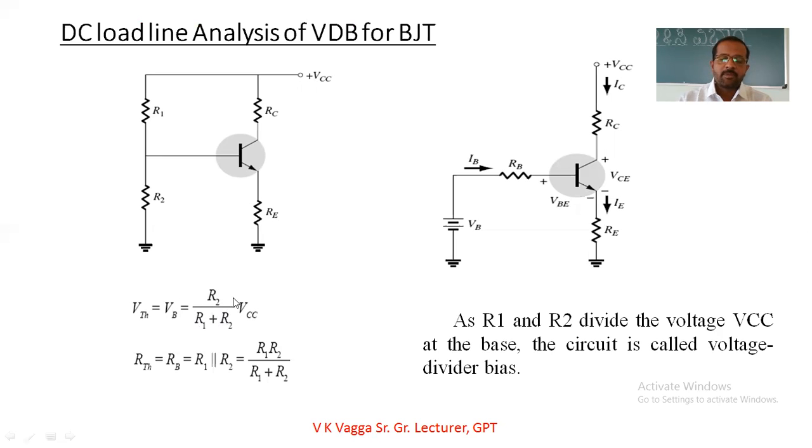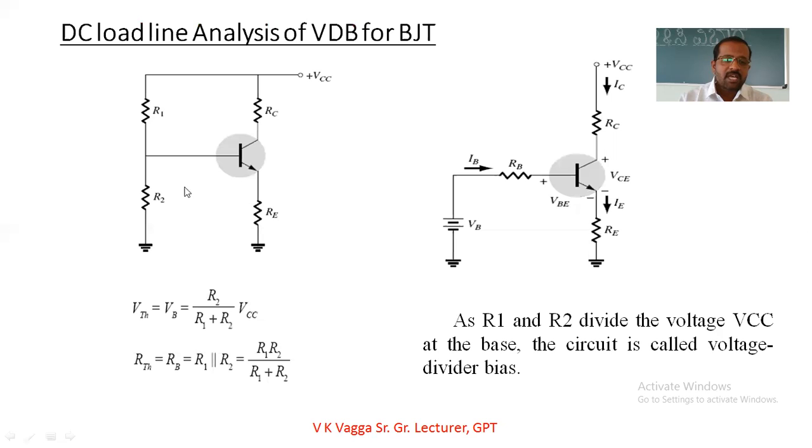So VB is equal to R2 divided by R1 plus R2 into VCC, and it is the voltage at the base. At this point, the voltage is indicated as VB.